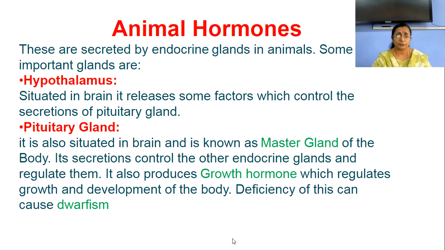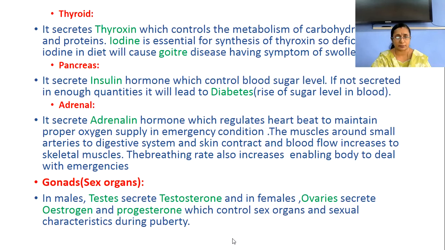If the growth hormone is not produced in enough amounts, this can cause dwarfism, that is reduction in height, and if it is produced in huge amounts, then it can lead to gigantism, that is too much height.